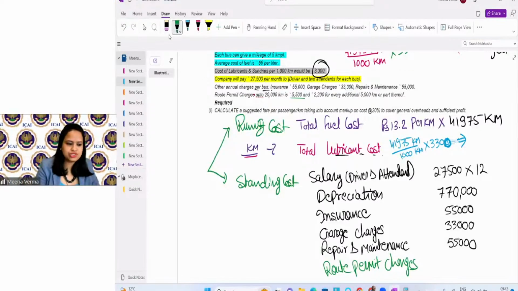What is the route permit charges? Let's see.